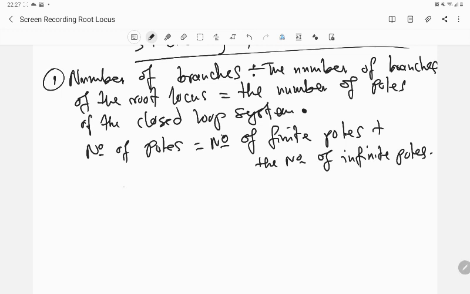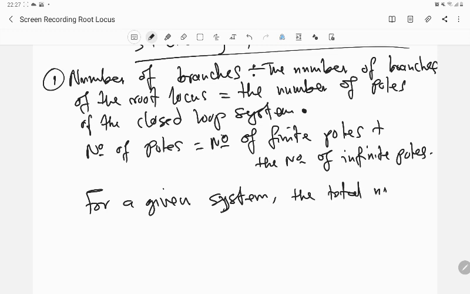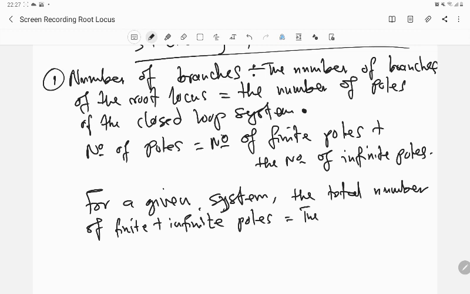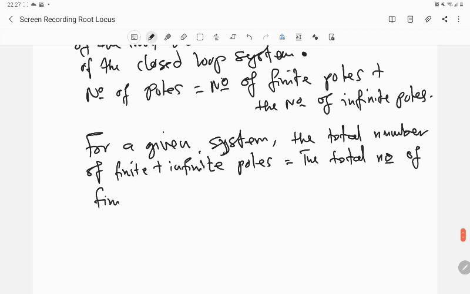Now this stems from the fact that for a given system, the total number of finite plus infinite poles for the closed loop system equals the total number of finite plus infinite zeros.